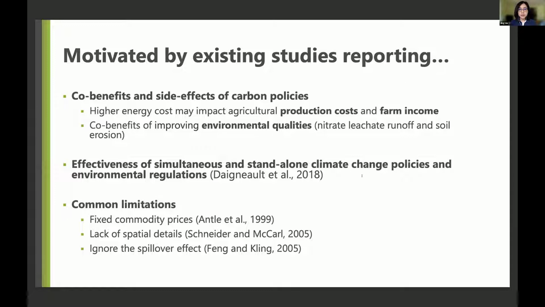And then the later studies relax that assumption, but some of them do country-level modeling and do not show the spatial pattern of the details, the hotspots within the country.